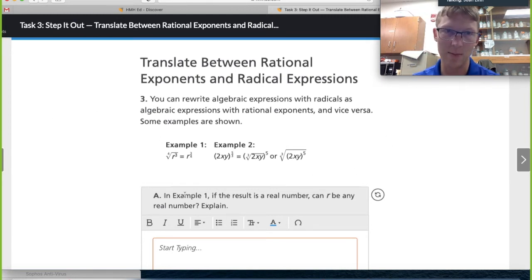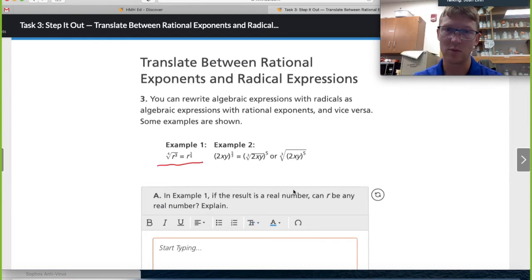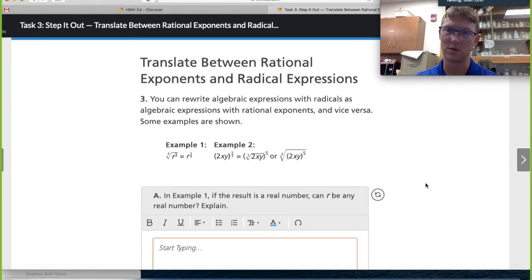So let's see here. In example 1, if the result is a real number, can r be any real number? Since this is even, I would think that the possibilities for r would have to be positive numbers.